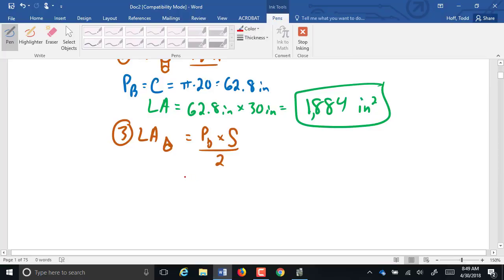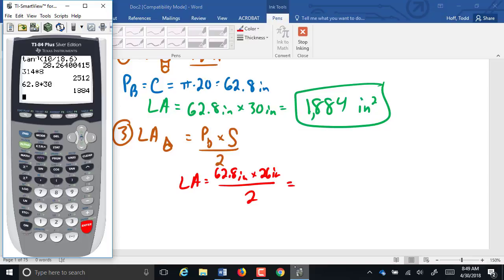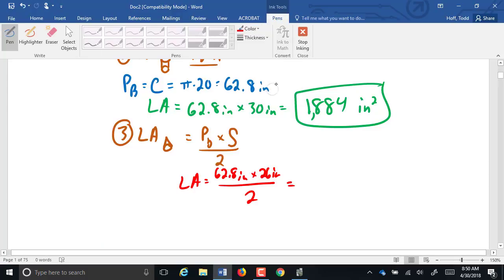So for the lateral area of the cone, we have the 62.8 inches of perimeter for the circumference of that circle, times 26 inches for the slant, divided by 2 because it is triangular shaped. Giving us 816.4 inches squared.